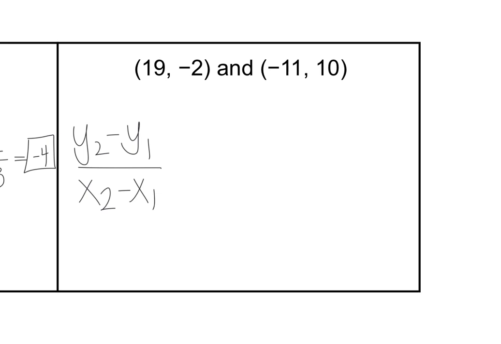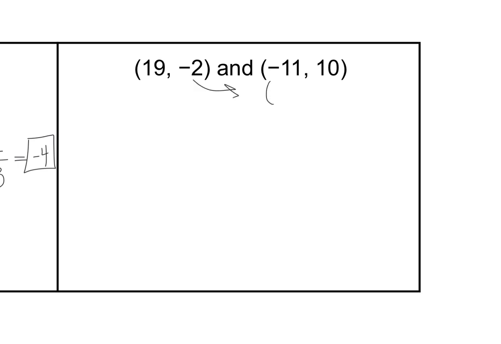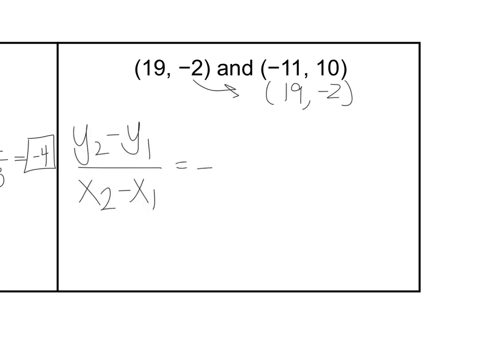Subtracting my y values on top, x values on the bottom. I'm going to again rewrite this point over here, 19 comma -2, because that helps me set it up. So on top, I'm going to subtract the y values, 10 minus -2.